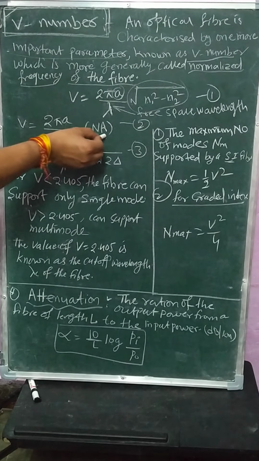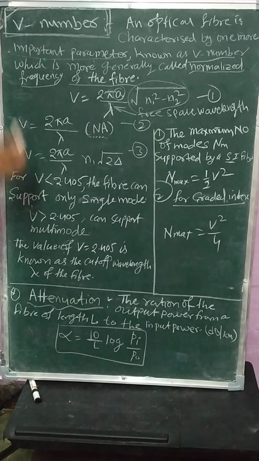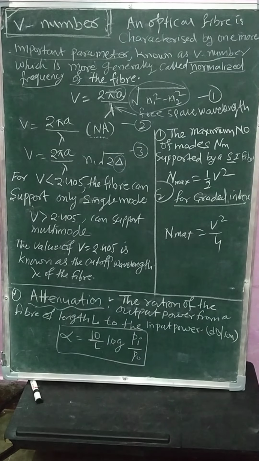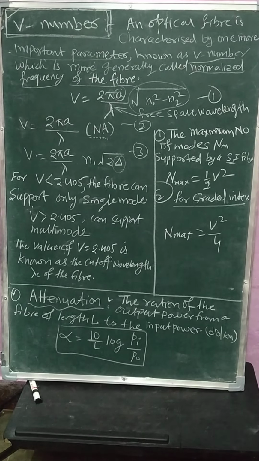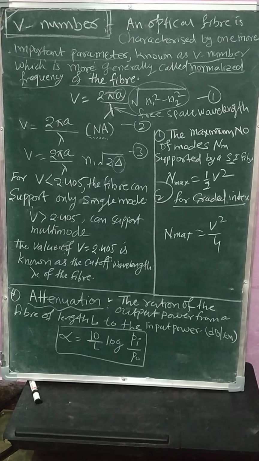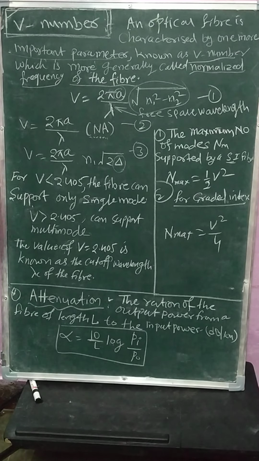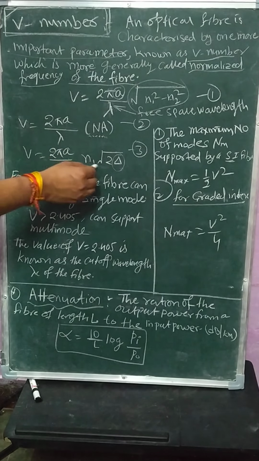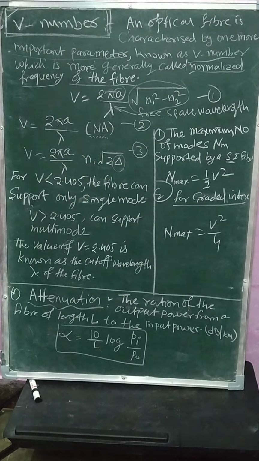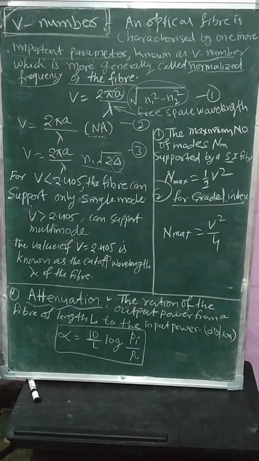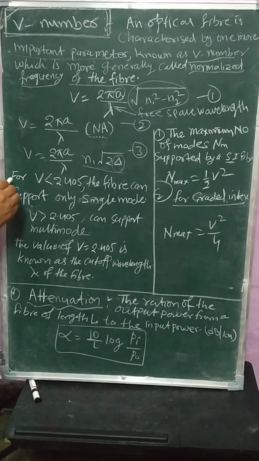We mention here NA, and another formula in the form of del, the relative refractive index. So del is defined, and NA equals n1 root over 2 del. So V equals 2 pi upon lambda a times NA, and other formulas are used for numericals.